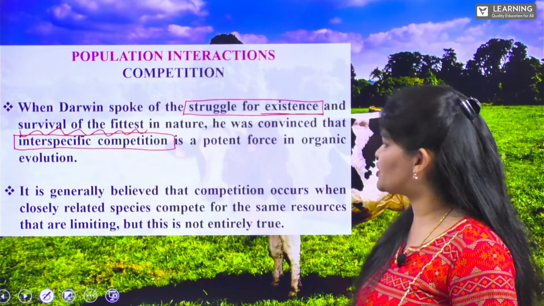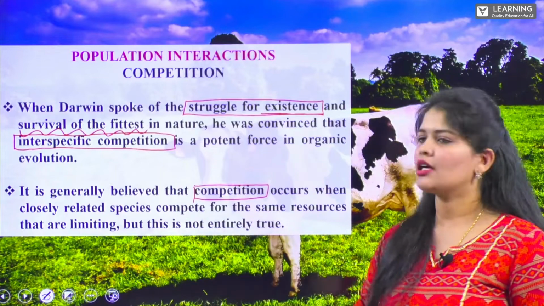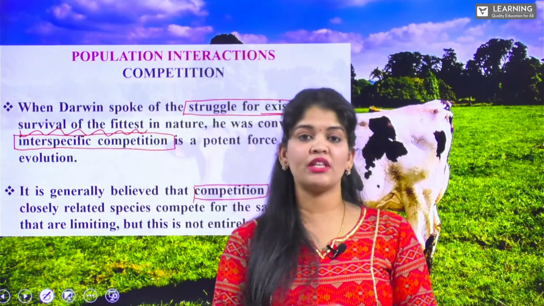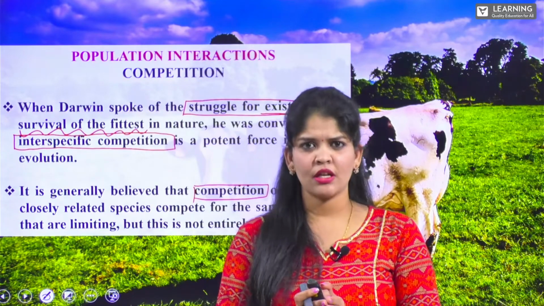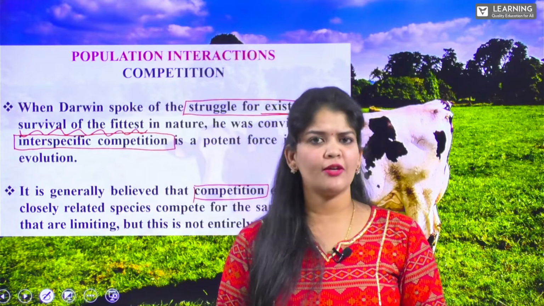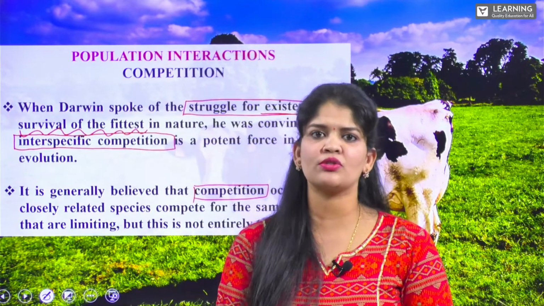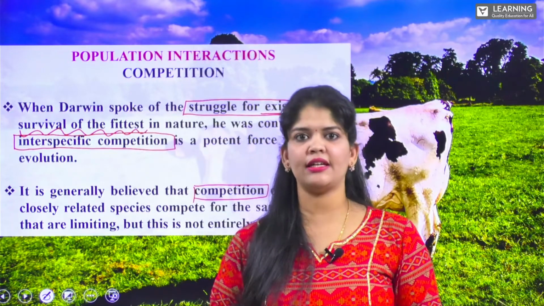It is generally believed that competition occurs between closely related species, and that competition occurs when the resources are very, very limited. When does the competition happen, it is believed? If the two species are very close to each other and fighting for the same resources available. But that is not entirely true.